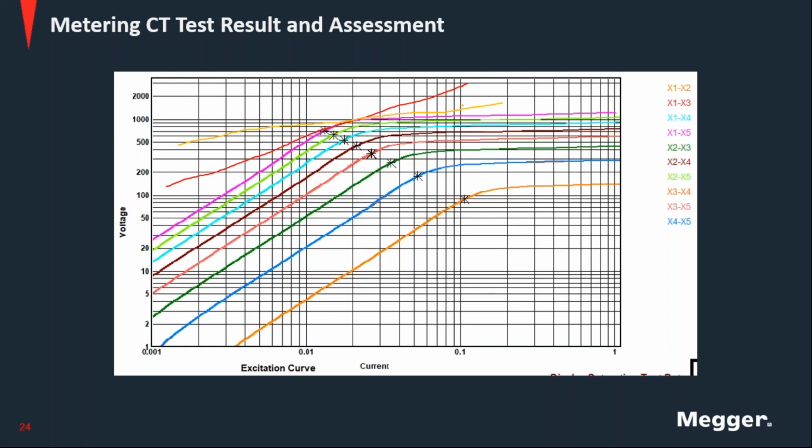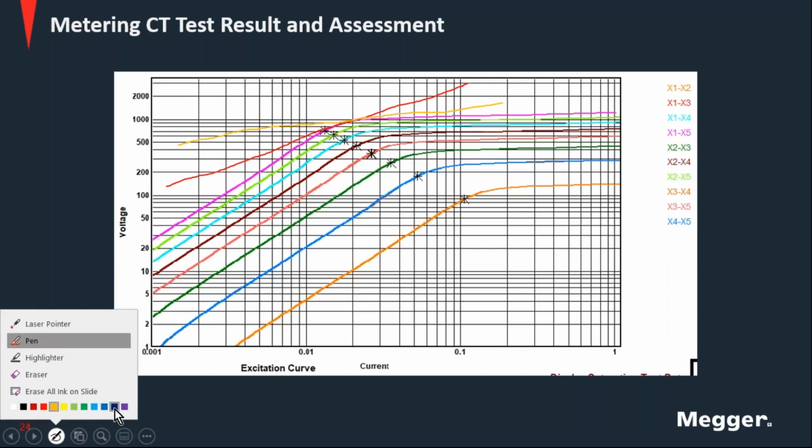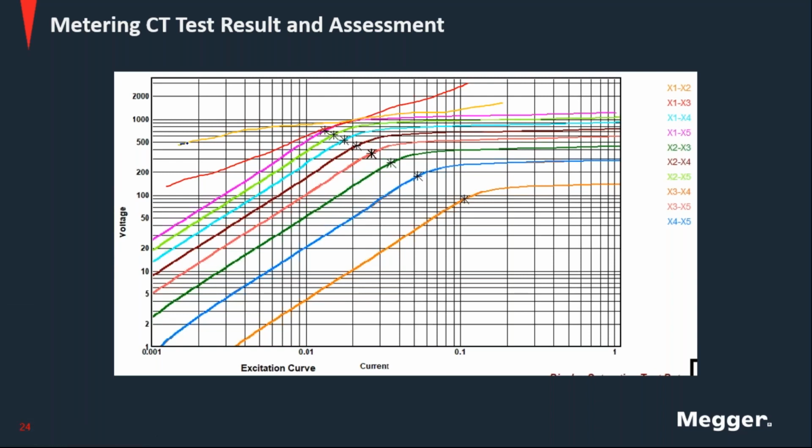We need to have the proper excitation curve from the manufacturer, and we also need to know if the CT has a gap in the core or not. Typically, CTs with gaps in their cores are CTs where we want a higher knee point, and therefore their magnetic characteristics are a little bit skewed or different than the CTs with non-gapped or continuous cores. Yeah, Volney is drawing the two different ones.